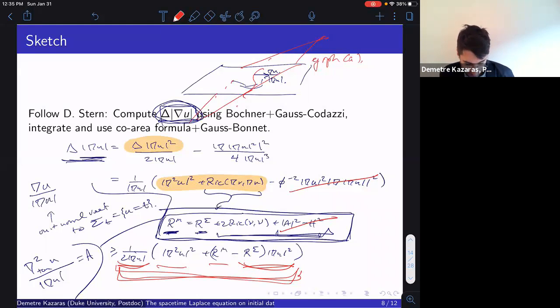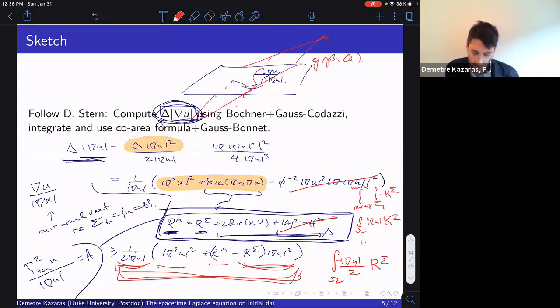So what you'll get when you do this integration is something like: from the minimum values of u to the maximum values of u over this domain that you're integrating over, and then integrating over the level sets of your function, just the Gauss curvature.